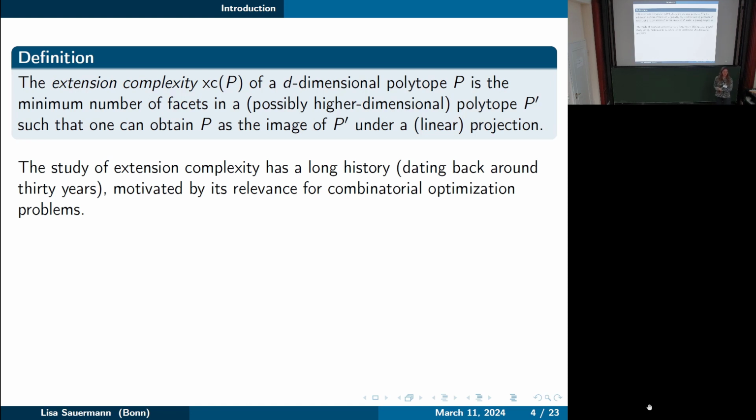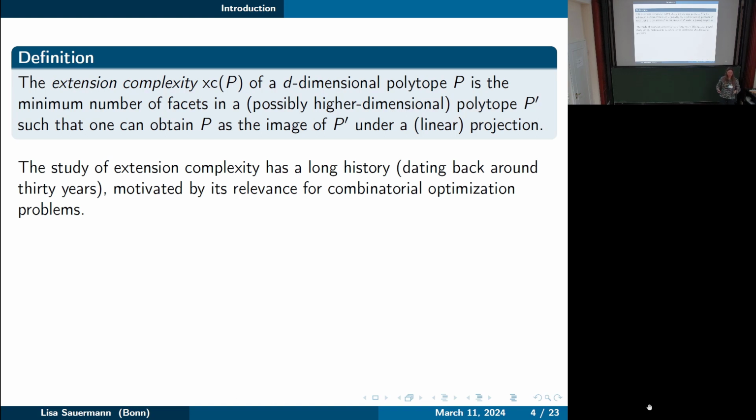So I don't want to go into too much detail, but just to roughly describe why this is relevant, if you want to solve a combinatorial optimization problem by linear programming over some polytope, then the number of facets of the polytope, so the number of linear inequalities, are relevant at every step, and the more they are, the slower your linear program will be.